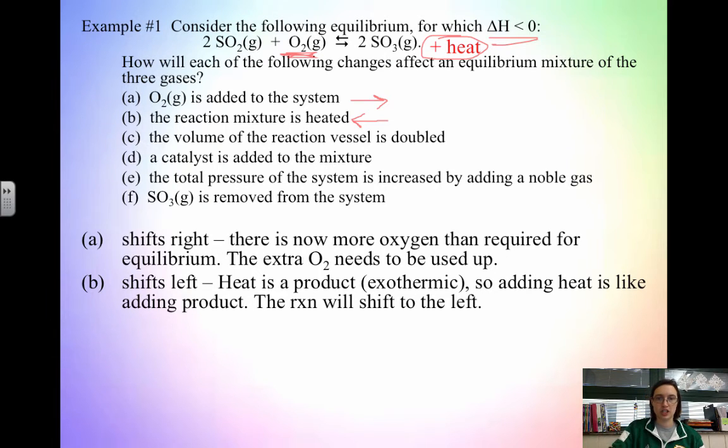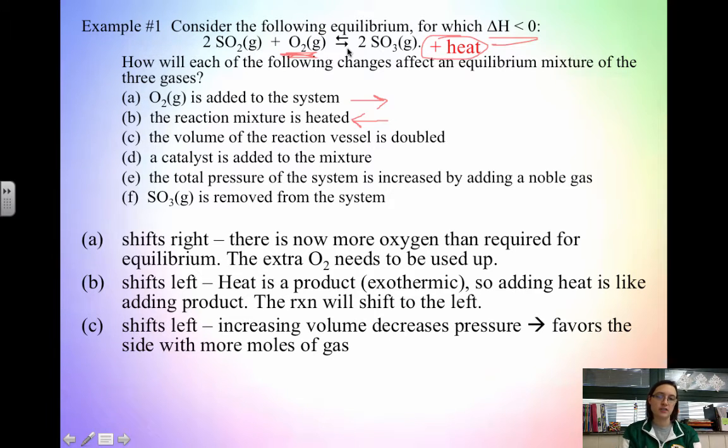You have more collisions. So if you are decreasing the pressure, count moles of gas. We have 3 on the reactants, 2 on the products. So it's actually going to shift left, because when we increase the volume and decrease the pressure, it's going to go to the side with more moles of gas, which is the left side. So we make more reactants and we use up the products because it shifts left.